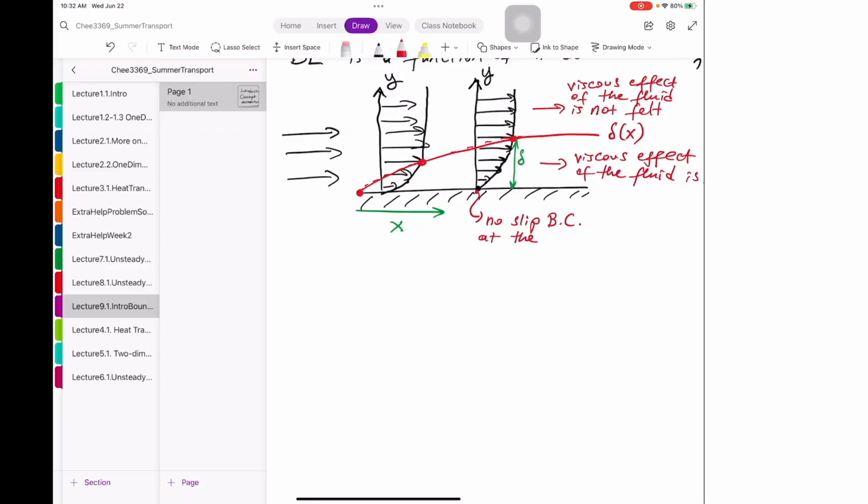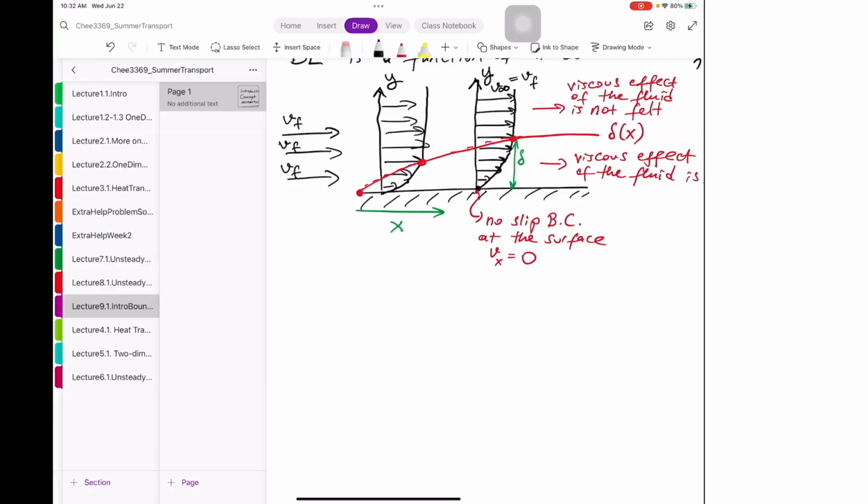At the surface, meaning that Vx is 0. Okay, and these velocity profiles actually approach Vx infinity, let's call it V infinity. That's also equal to the fluid velocity, you can call it the fluid velocity originally.